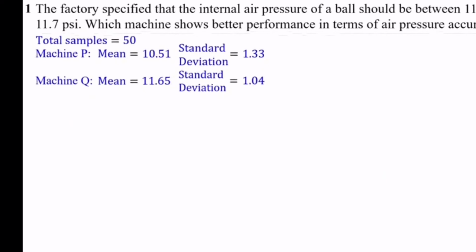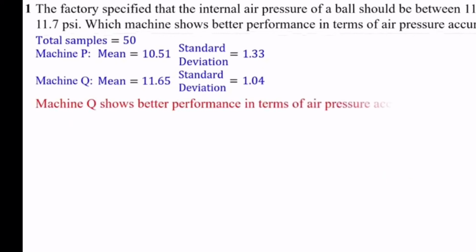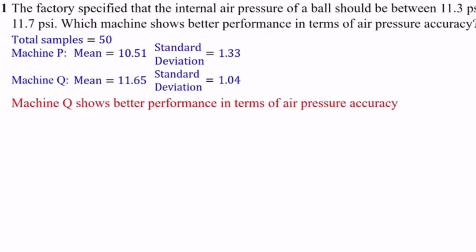If we compare machine P and machine Q, they have different means and standard deviations, and machine Q shows better performance in terms of air pressure accuracy due to the smaller standard deviation. So in order to choose the better quality, we have to choose the smaller standard deviation, which is machine Q, right?